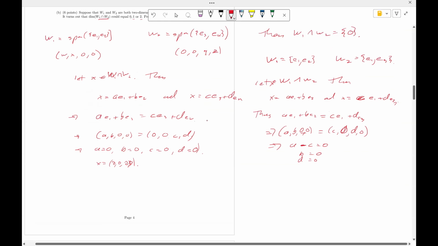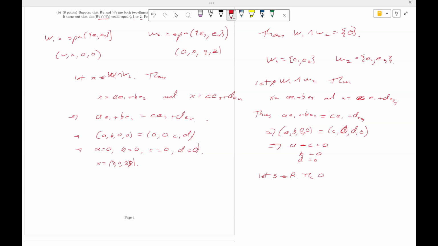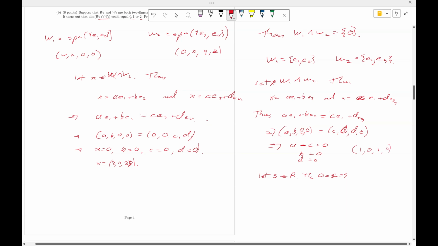This is our system of equations. Well, now what we have is one free variable. Let s be an element of the reals, then a equals s and c equals s. Here, it might be tempting to say, well, my basis vector is (1, 0, 1, 0), but that's not the case. What it's saying is that the leading term of either of these vectors can be any number.